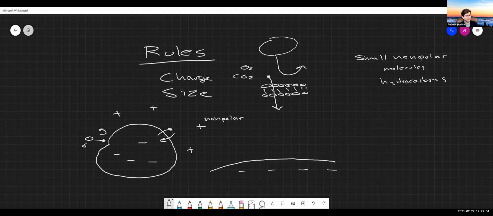If this is slightly negative, there's going to be a little bit of repulsion, not too much, but a little. Likewise, if it's a little bit positive, what do you think is going to happen then? Would it go in? Remember that the heads of phospholipids are polar. So what's going to happen to a positively charged thing?